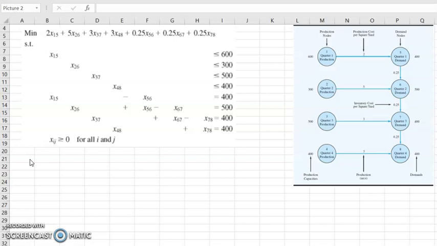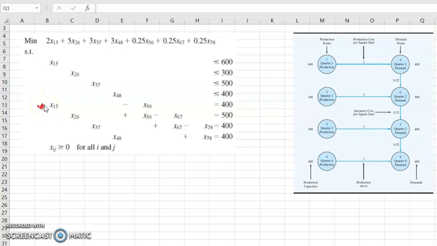But before we start, I want to explain that for the demand nodes that start from node 5, there are only two variables, but with demand 6, that is with node 6, we have three variables: x26, x56, and x67.